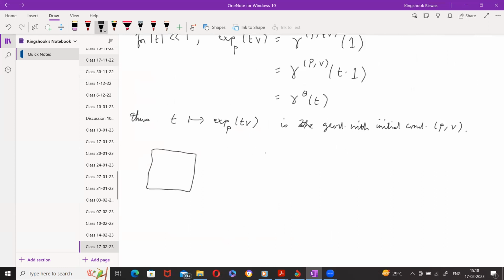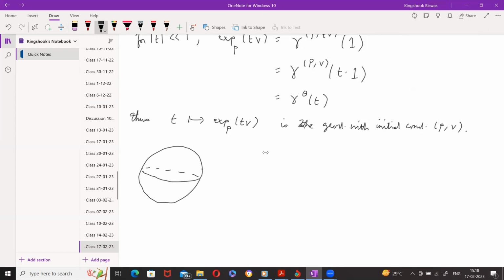okay, let me draw you a better picture. So let's look at it, for example, for S2. So here is S2. So if I look at the tangent space at the North Pole, that's just this horizontal plane, right? It's just the XY plane. This is my TPN.